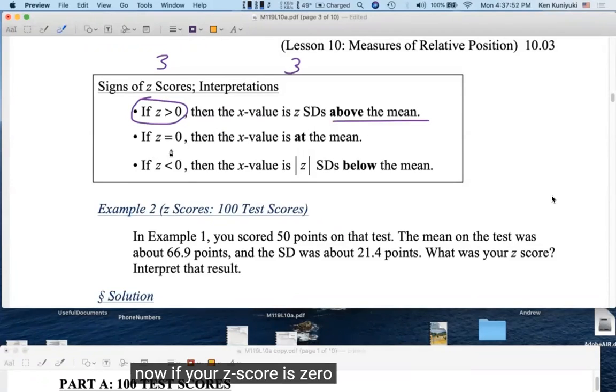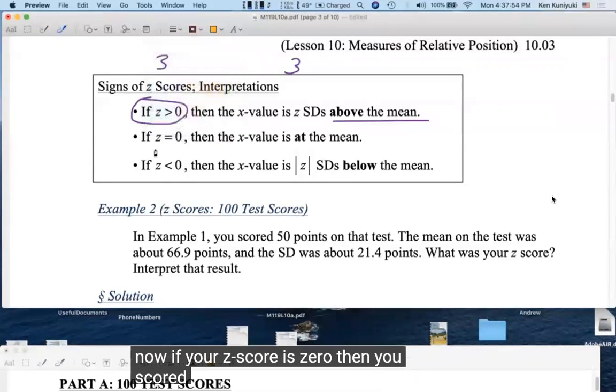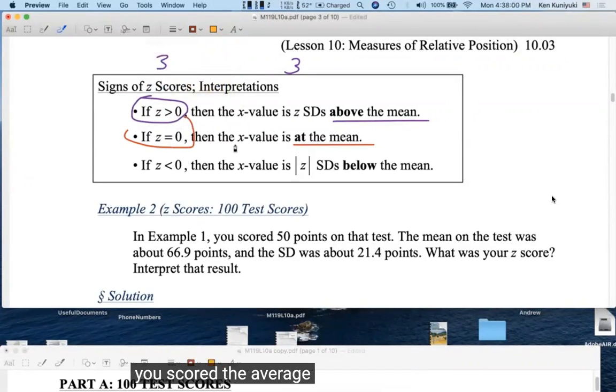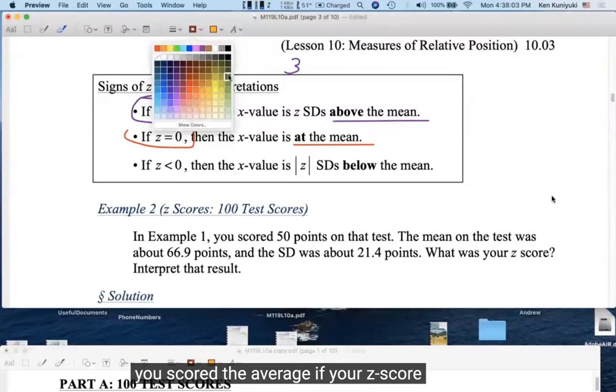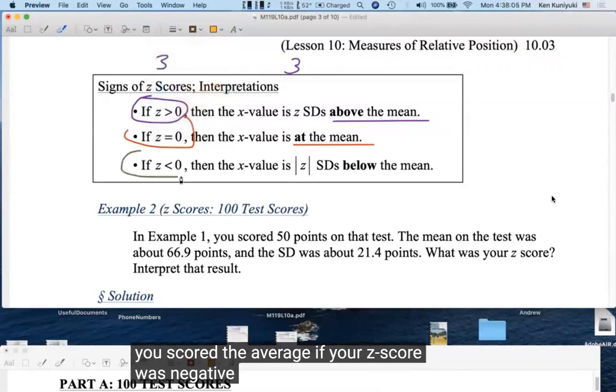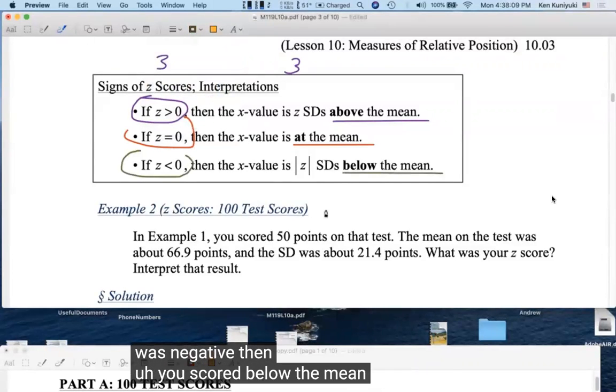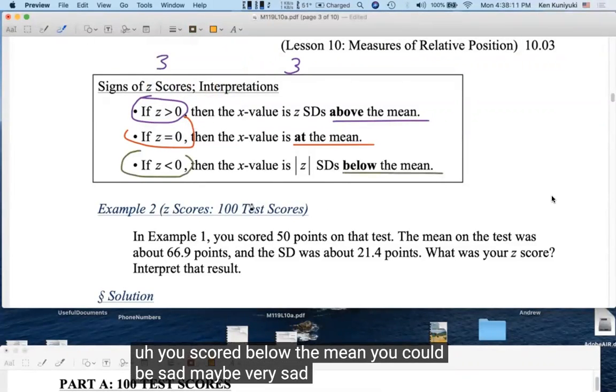Now, if your z-score is 0, then you scored at the mean. You scored the average. If your z-score was negative, then you scored below the mean. You could be sad, maybe very sad.